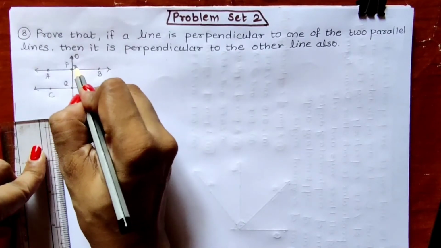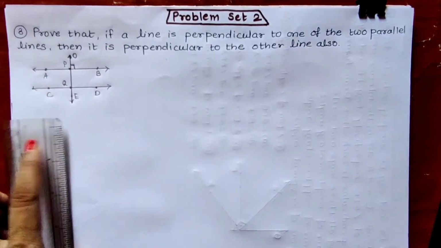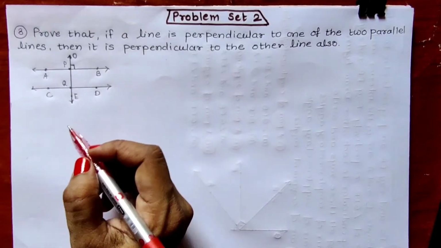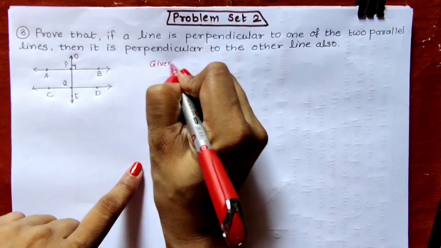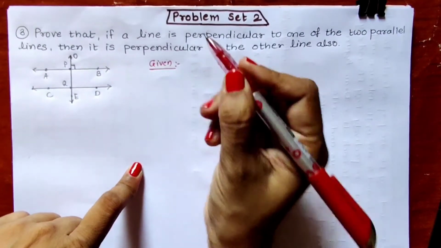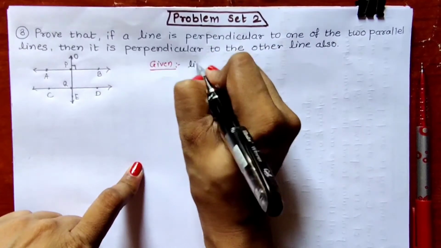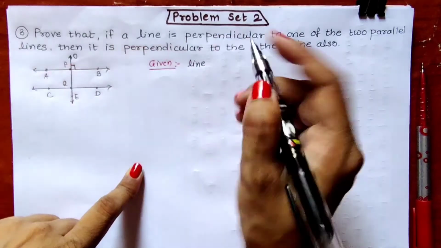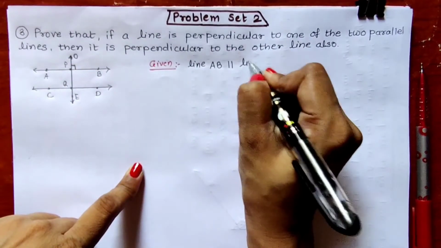This line is perpendicular to line AB. So OP is perpendicular on line AB. Now let us write given. What is given to us? Two parallel lines are given. That means line AB is parallel to line CD.